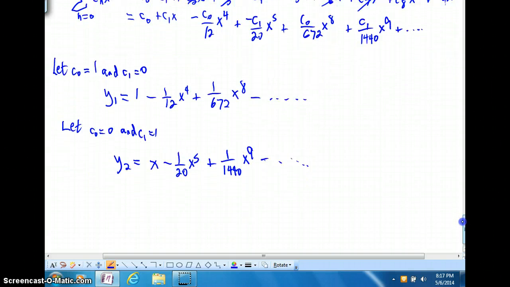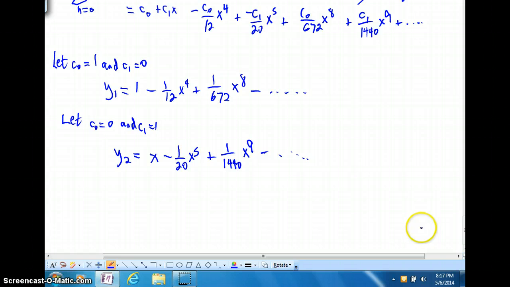And really what we could find then is here are our two solutions. Of course, we could say that y would equal c1 y1 plus c2 y2. We could have this combination of the two series, yielding a general solution.